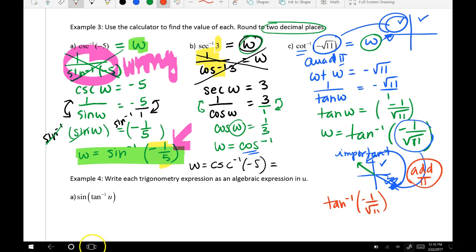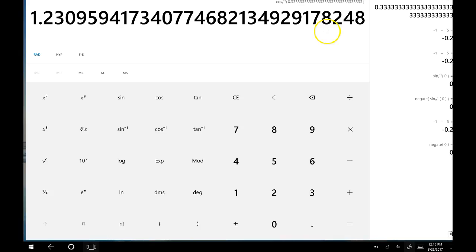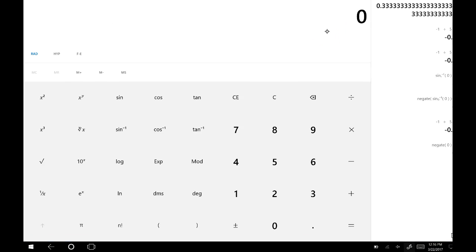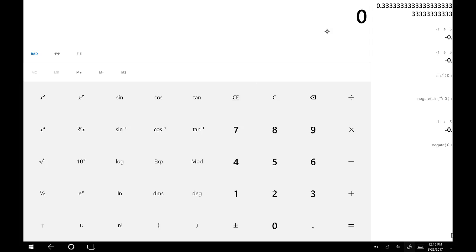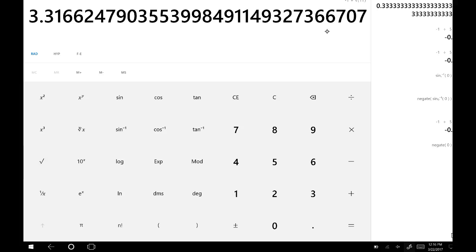Let's go find my old school calculator. Clear everything out, okay? Negative 1 divided by square root. Oh, no, can't do that. I have to punch in 11 first. All right, here we go. Negative 1 divided by 11 and then square root of that. Okay, it worked, didn't it?